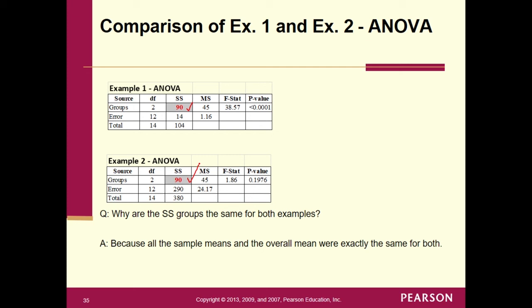So you get exactly the same number for SS groups, which measures how far away the X bars are from one another. What was different about those two groups was that the standard deviations were getting larger.